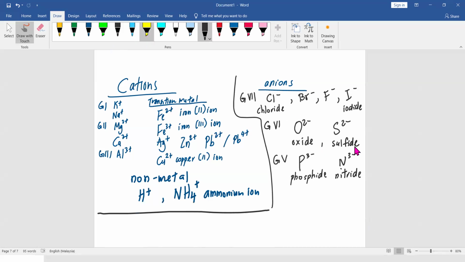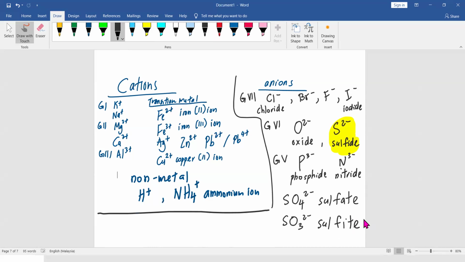S2- is sulfide. SO4 2- is sulfate. SO3 2- is sulfite.